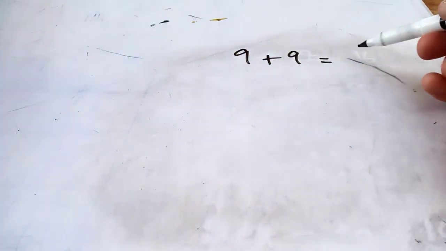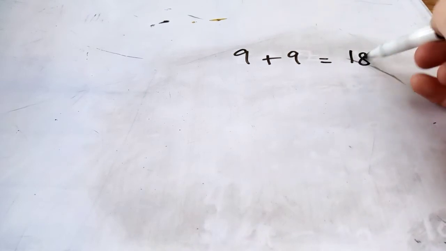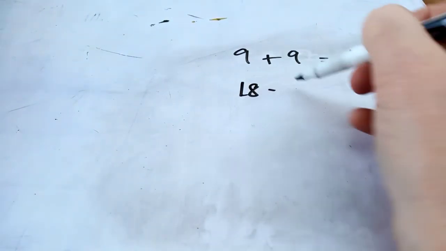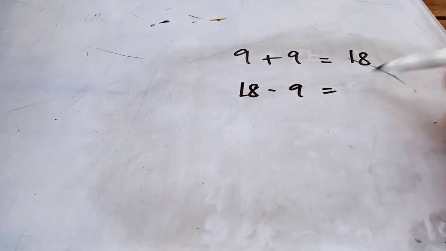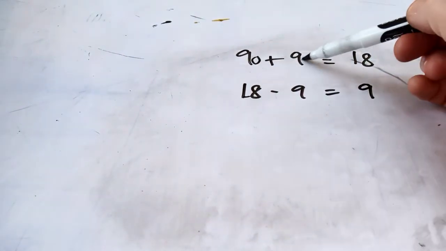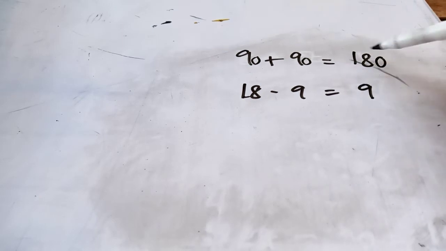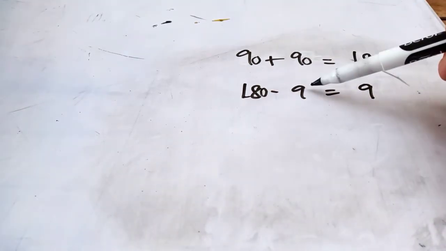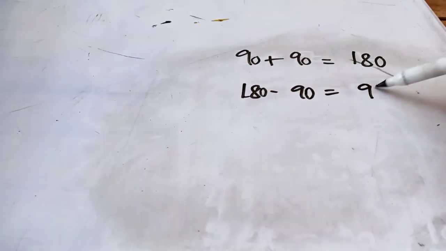I know that 9 add 9 equals 18. So 18 take away 9 equals 9. And so would 90 add 90 equals 180, and 180 take away 90 equals 90.